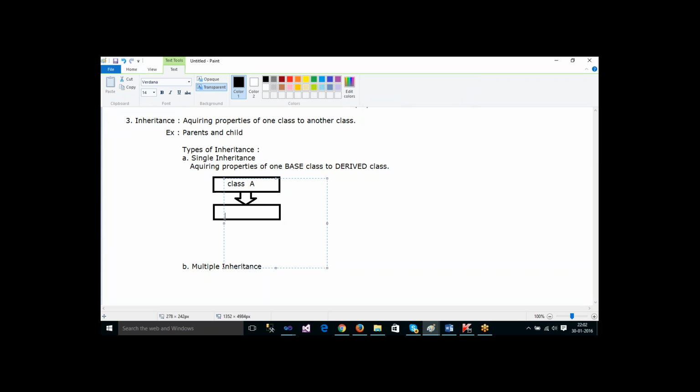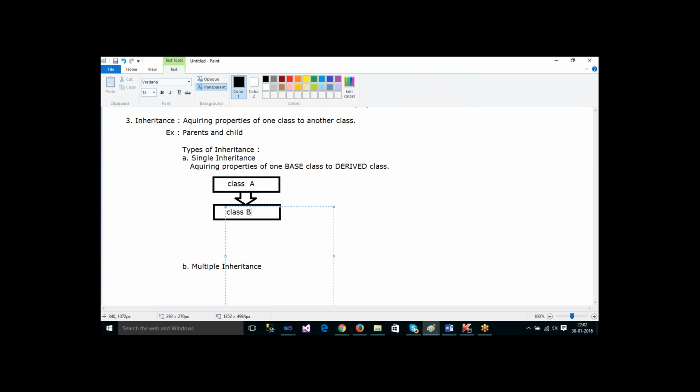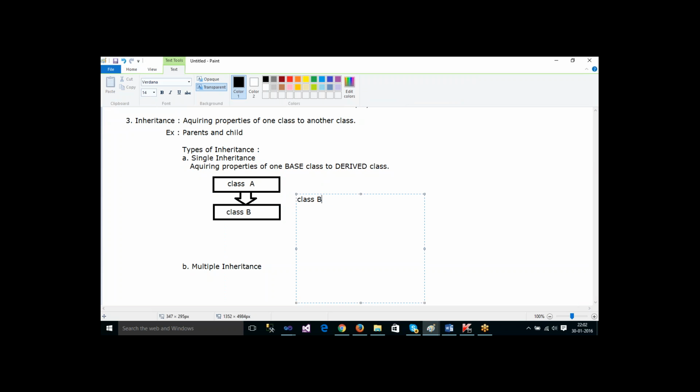Class A is there, and class B is there. How are we going to write the inheriting syntax? Class B colon A. The meaning is A is the parent, B is the child.